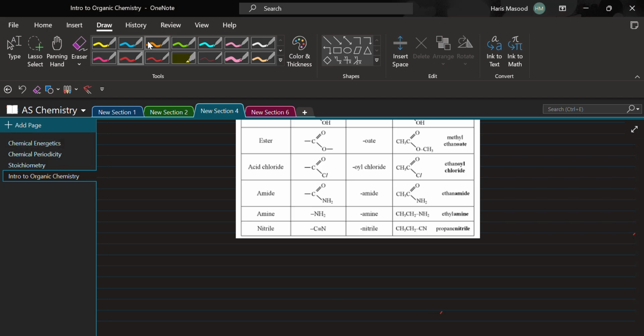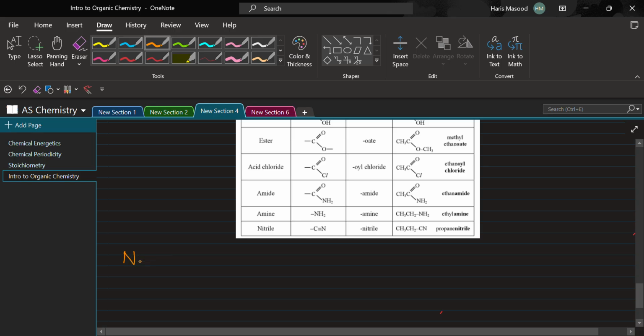Now one of the most important topics, that is naming. Which is nomenclature, but to make it simpler, naming.